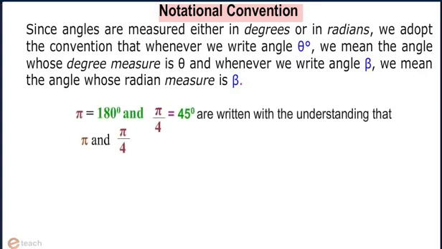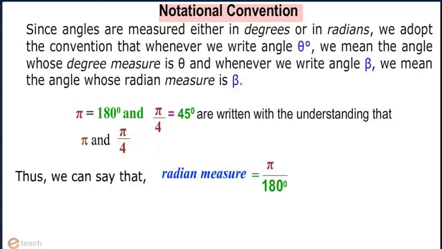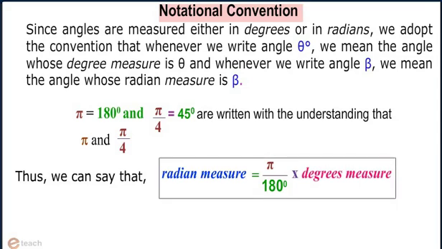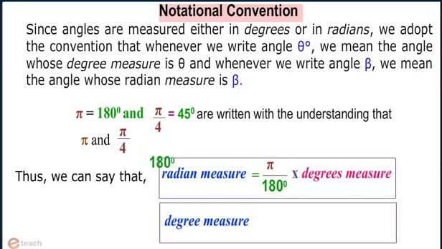Pi equals 180 degrees and pi by 4 equals 45 degrees are written with the understanding that pi and pi by 4 are in radians. Thus, radian measure equals pi by 180 into degree measure. Also, degree measure equals 180 by pi into radian measure.